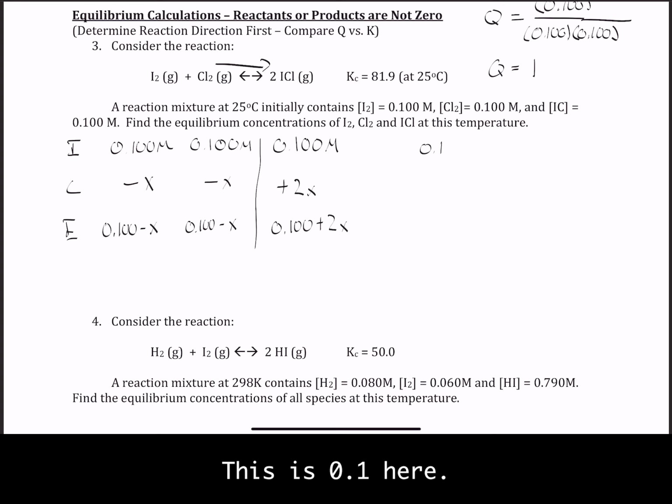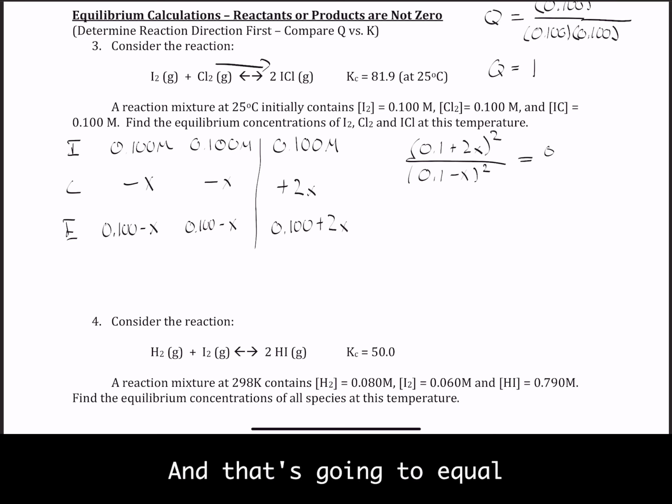This is 0.1. Here, I'll do it. 2x, 0.1 minus x. And that's got to equal 81.9.